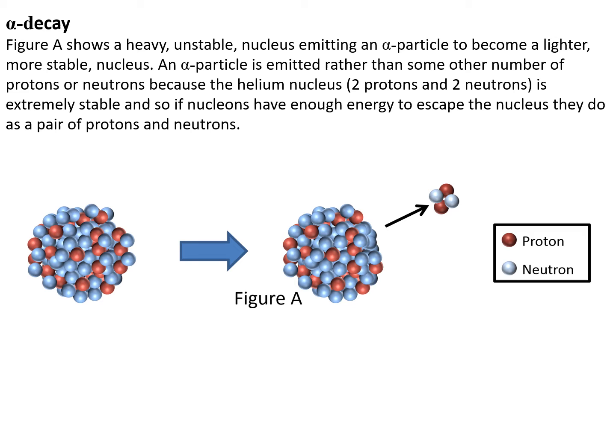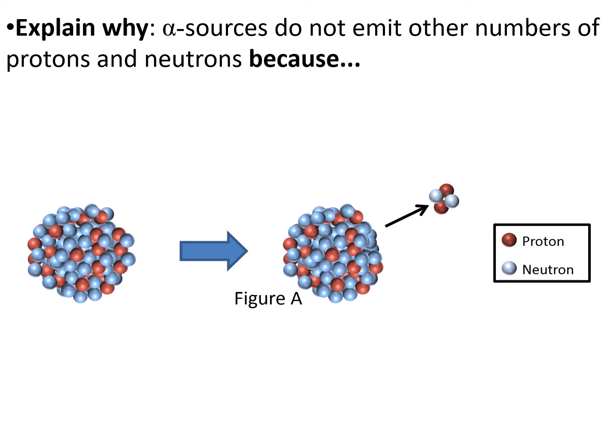So an alpha particle escapes. It is the same as a helium nucleus, and this pairing of 2 protons and 2 neutrons is extremely stable. Explain why alpha sources do not emit other numbers of protons and neutrons.